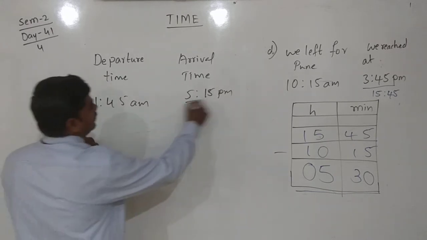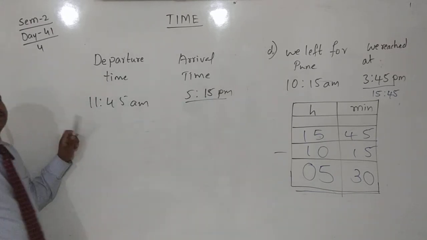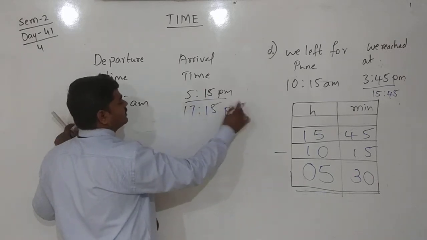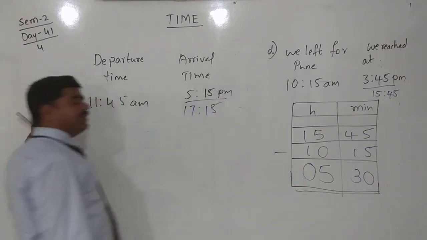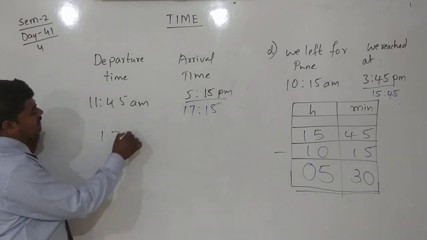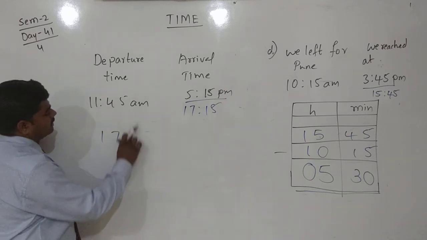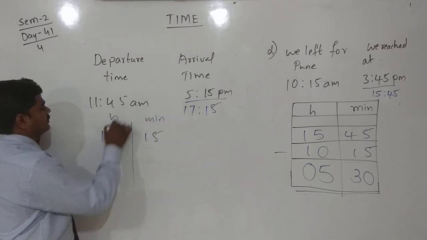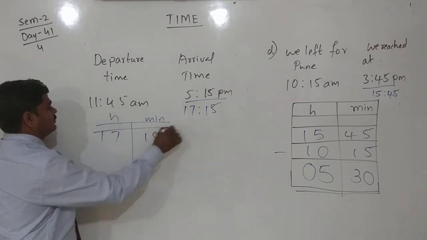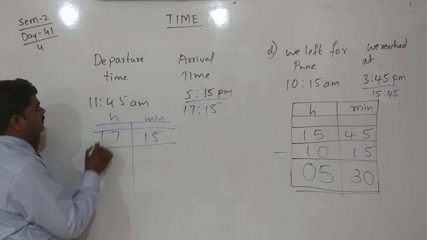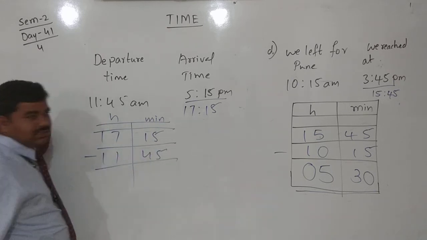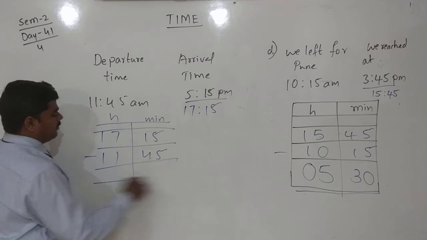You change this one to 24 hours: 5 plus 12, 17:15. This is not p.m. Then 17:15 minus 11:45, and we can get the time interval.